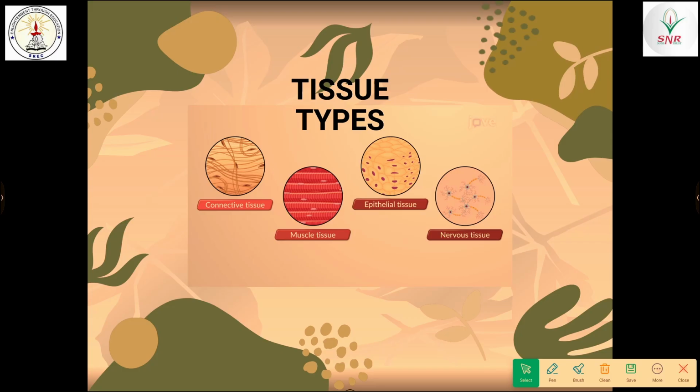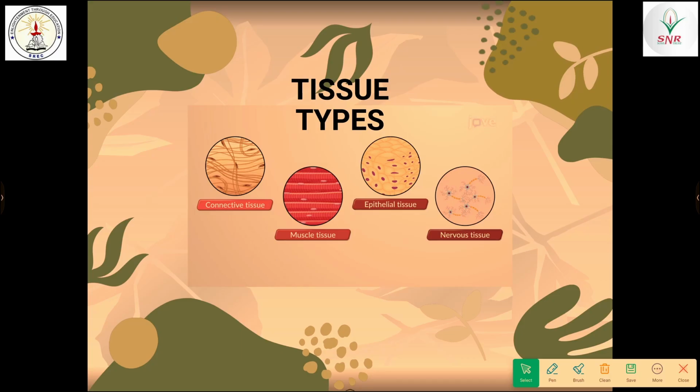Then epithelial tissue, seen along the surface of our skin and also along the surface of the internal organs. The last classification is the nervous tissue, for stimulus response, seen in the brain and spinal cord for connection and giving the stimulus response.